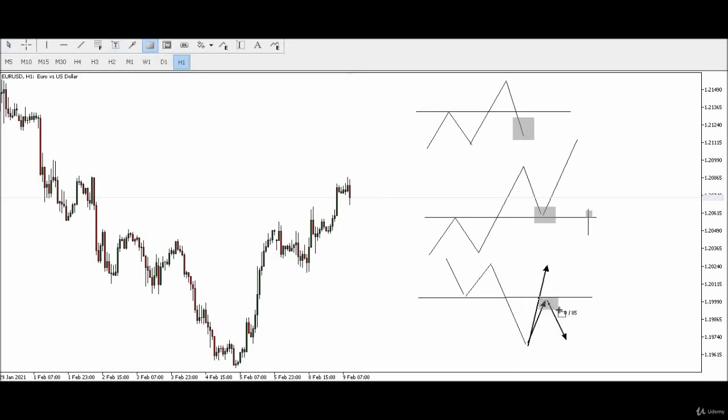In this scenario we are looking for sells, in this scenario we are looking for buys here. So fake breakout or breakout with retest.